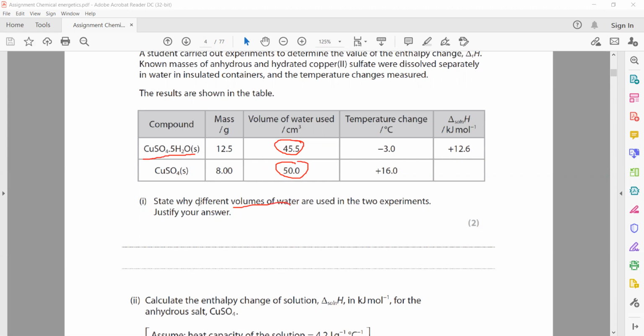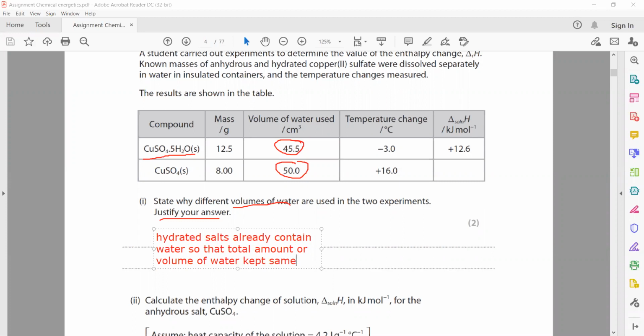Because hydrated salts already contain water, so that the total amount or volume of the water is kept the same.